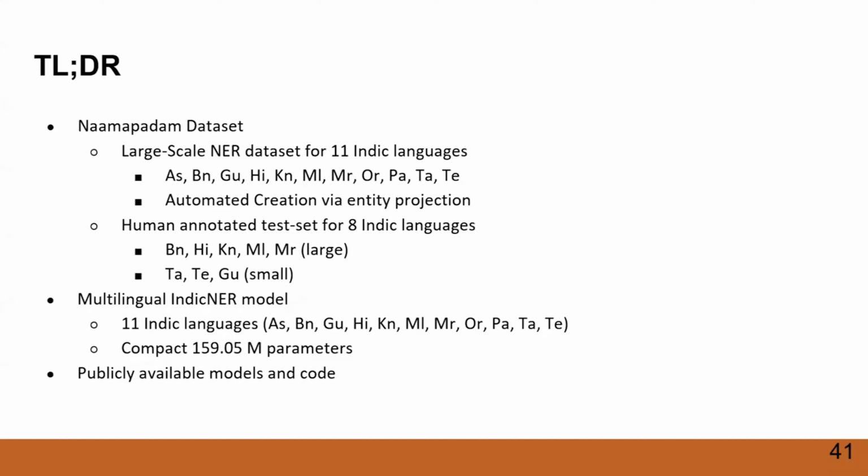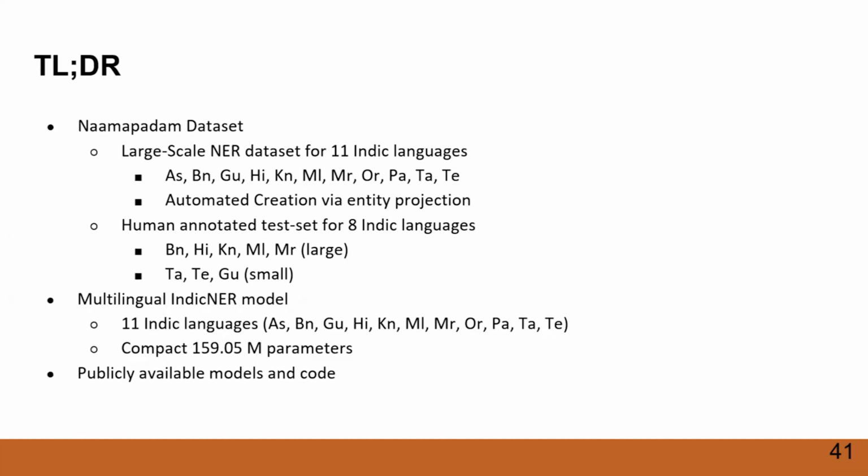And this dataset is created in an automated fashion via entity projection. I'll be talking about the algorithm in detail. We have also released a small annotated test set for around 8 Indic languages. For 5 Indic languages, namely Bengali, Hindi, Kannada, Malayalam, and Marathi, the test set comprises more than 500 sentences, which amounts to roughly 10,000 tokens.